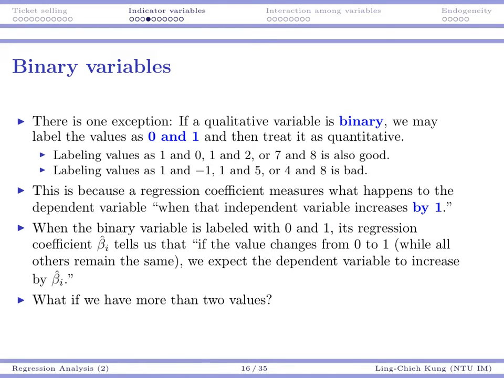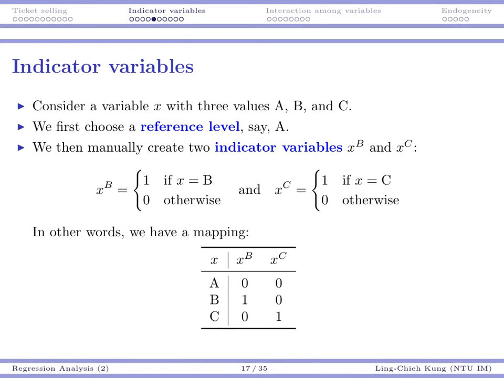When we have a qualitative variable with only binary values, just label them as 0 and 1, and then just treat it as a quantitative variable. So that's something we can do. Then we need to decide what to do if we have more than 2 values. Okay, more than 2 values.